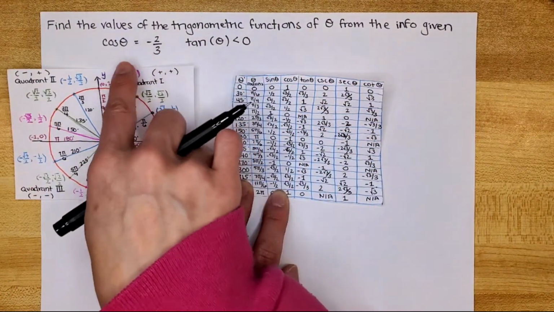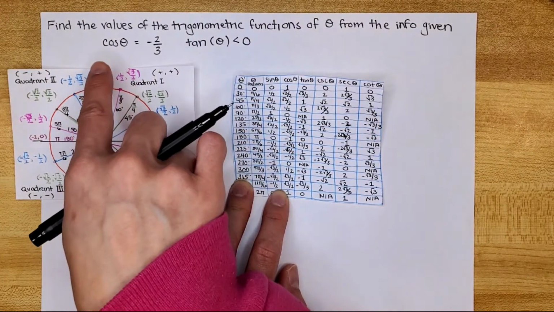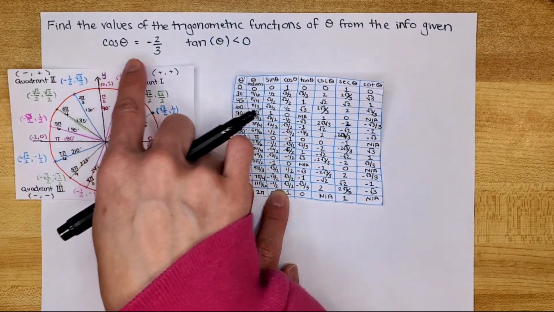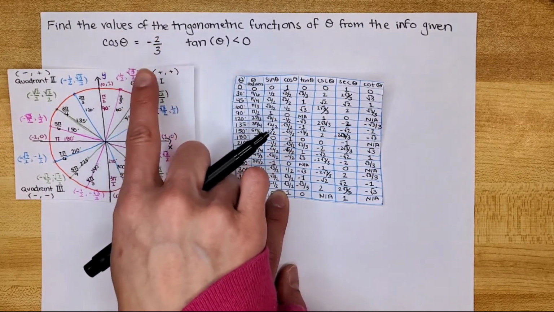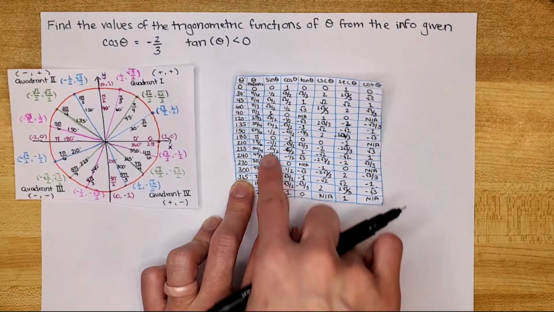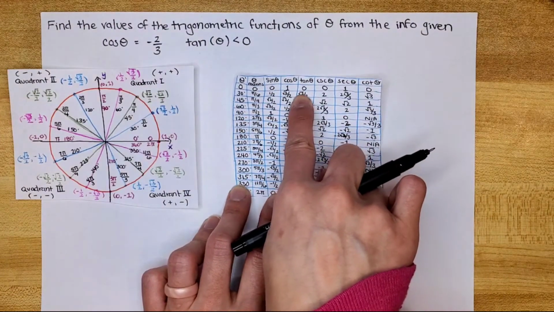Now, because we were also given this information where cosine theta is a value of negative, don't worry about the 2/3 just yet because we just want to focus on that negative. We want to go ahead and reference this table again.